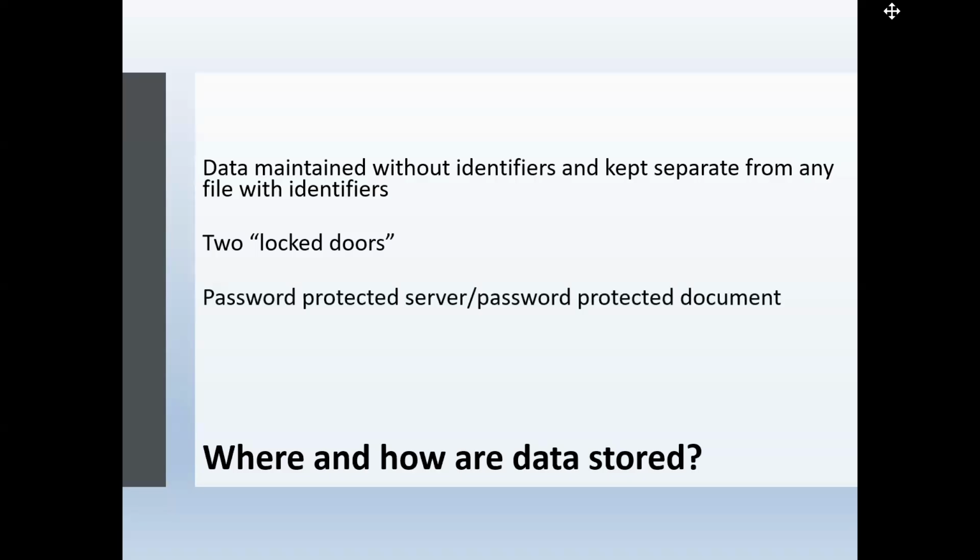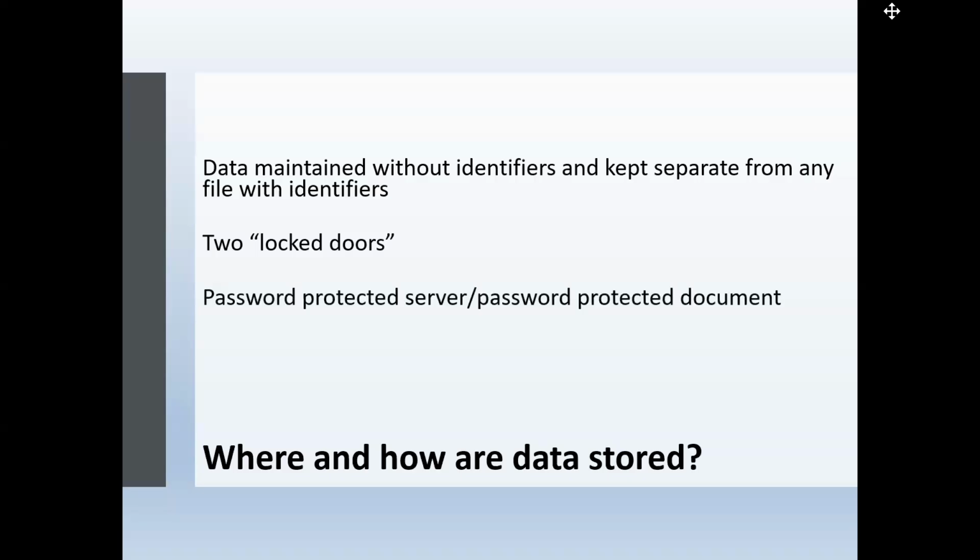So in order for there to be a breach of confidentiality, an individual would have to have access to both of those files. You also want, in any of your files, two quote-unquote locked doors. These used to be physically locked doors or cabinet doors, so you'd have an outside door to the lab and then a cabinet door. But now this could take the form of different passwords. You want two levels of protection, so that even if somebody gets through one, there remains some door or quote-unquote lock or password on the data.